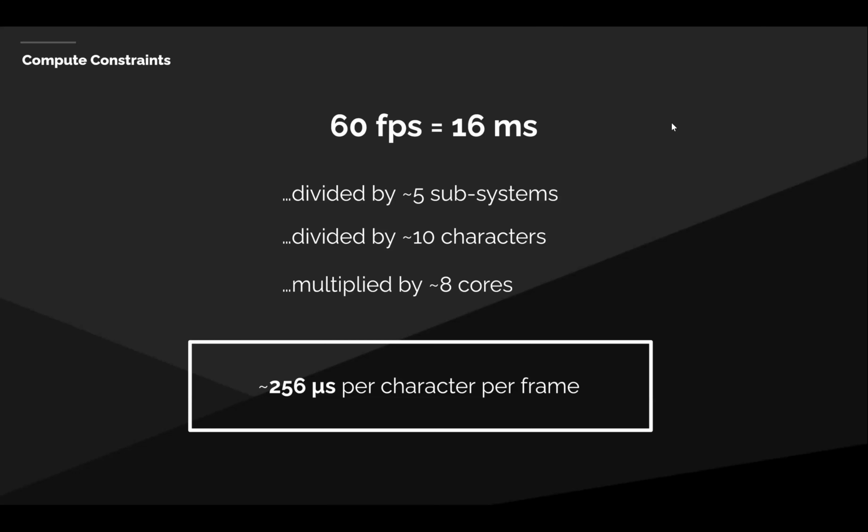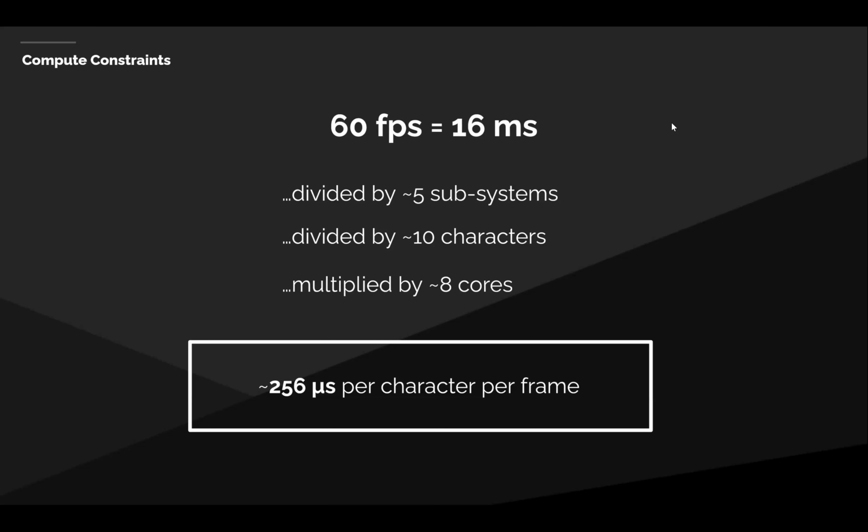Okay, so first let's talk about constraints. Some basic napkin math if you're working on a game. Basically, you're running the game at 60 frames per second. That means you have 16 milliseconds to finish all the work you need to do for one frame of the game. And you can divide that by maybe 5 subsystems.